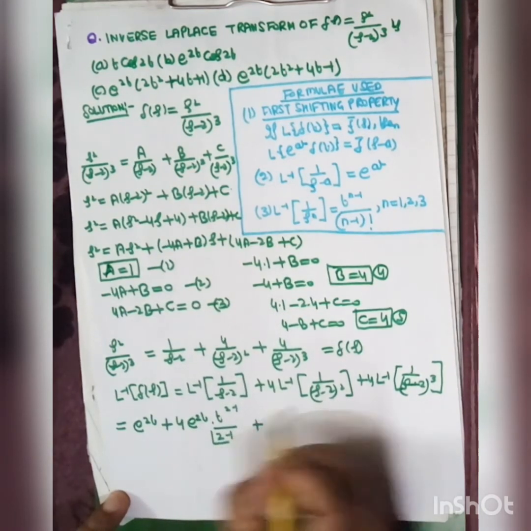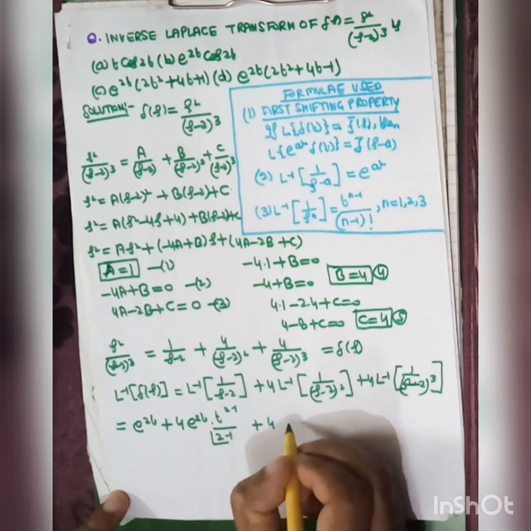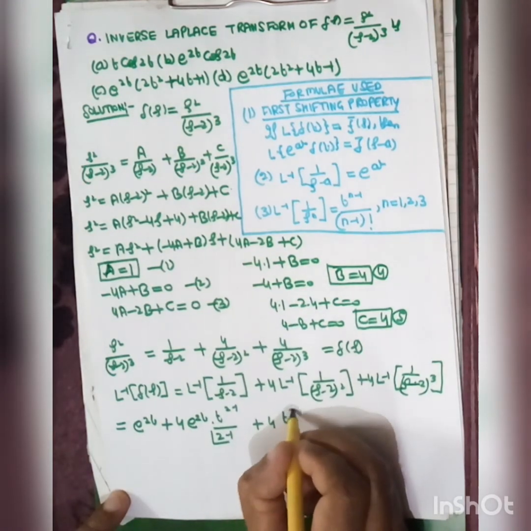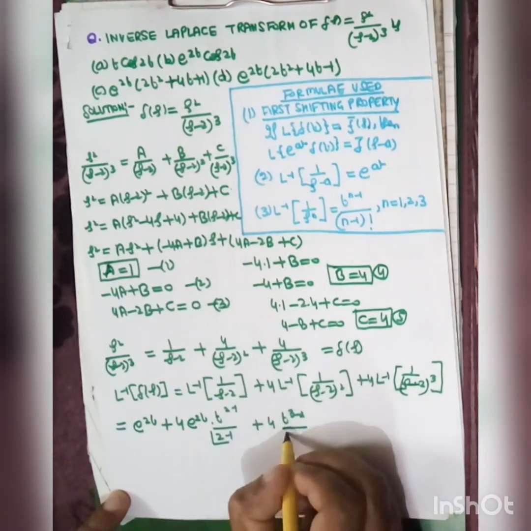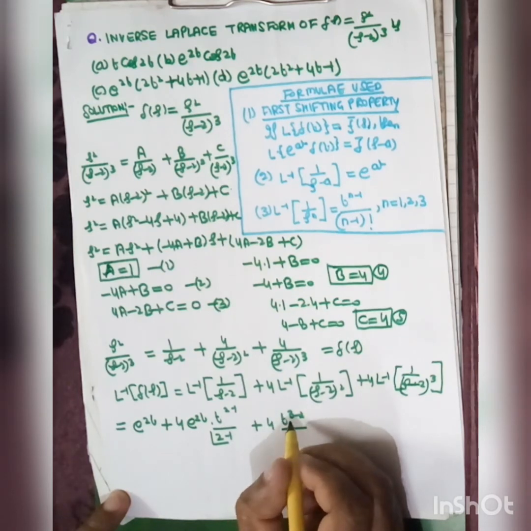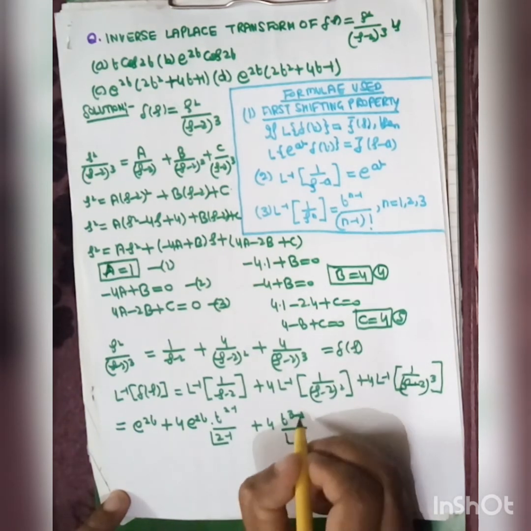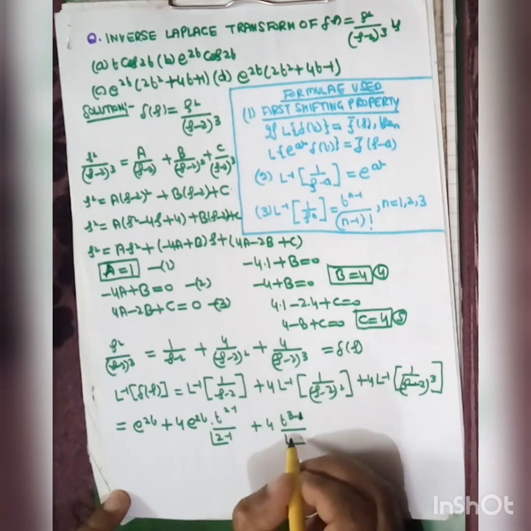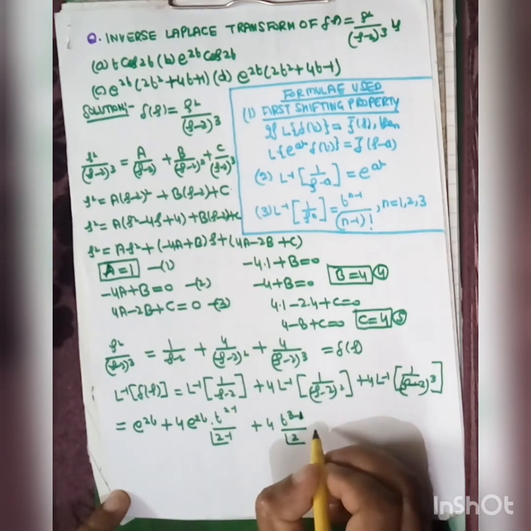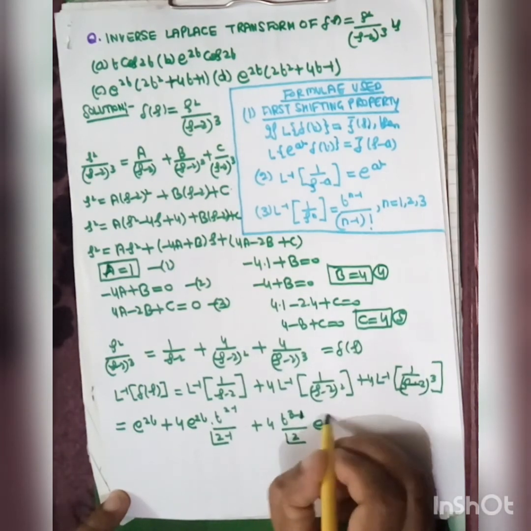Similarly, this will be 4 multiplied by t to the power 3 minus 1 divided by factorial 2 into e to the power 2t.